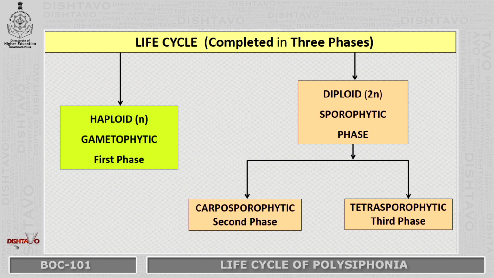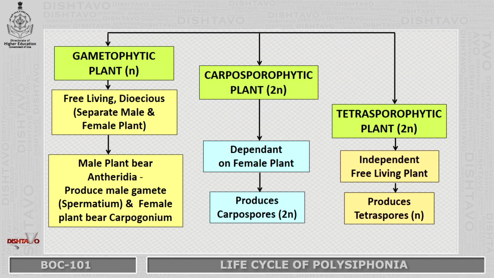The haploid is the first phase, which is the gametophytic phase, and the diploid, which is the sporophytic phase, and there are two types: carposporophytic, the second phase, and tetrasporophytic, the third phase. The gametophytic plant, which is haploid, is free living, independent, dioecious, and it has separate male and female plants. The male plant bears antheridia and produces the male gamete spermatium, and the female plant bears carpogonium which contains the eggs.